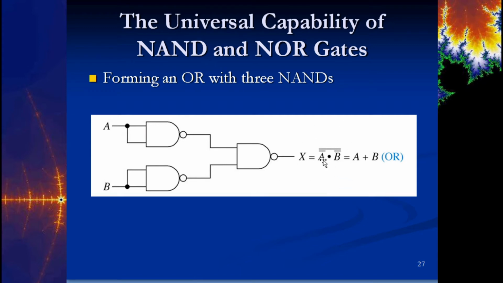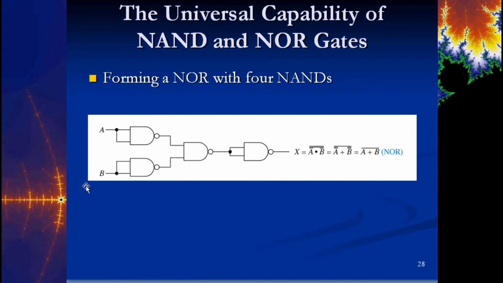When you do De Morgan's on it, break the bar, change the sign, you'll have double prime A plus double prime B, and then the doubles will cancel, and you're left with A or B. So that explains the universality of these NAND and NOR gates.